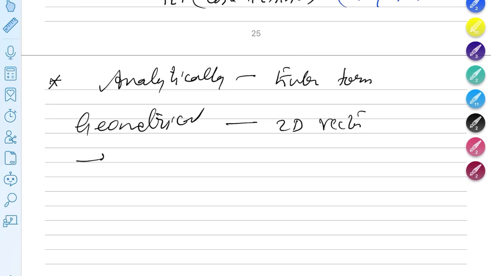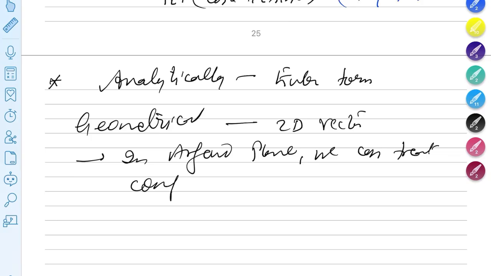Why? We had already discussed that in the Argand plane, we can treat a complex number as a 2D vector. Okay, so let's take some examples.